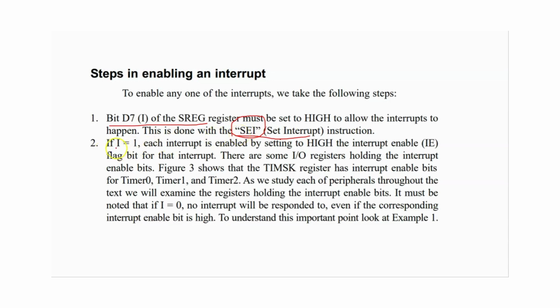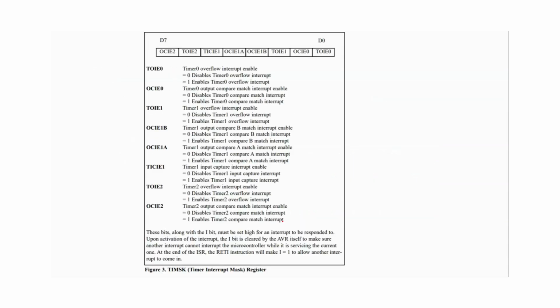At the second level, once I is equal to 1 by following step 1, then for individual interrupts there are individual bits. For example, timer interrupts are enabled and disabled in the register TIMSK, and other registers are used. So the relevant bits are made high or low to enable or disable the corresponding interrupts.